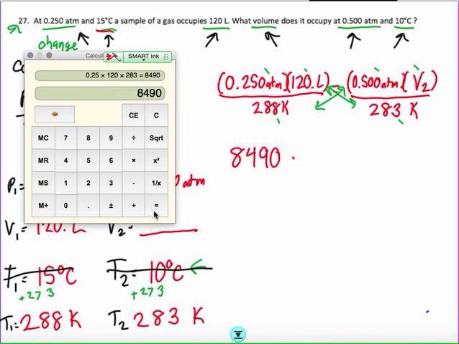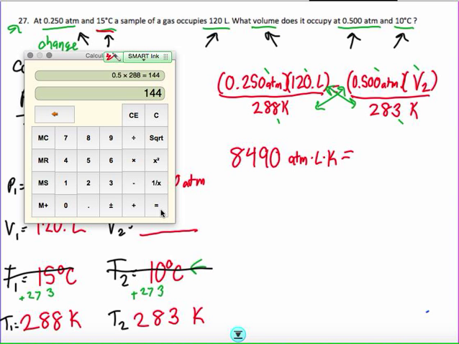We're not using the units, so I'm going to put them here: atmospheres, liters, and Kelvin. Set that equal to these three things. So 0.5 times 288. We can't multiply it by V2. That's our variable, that's our unknown.